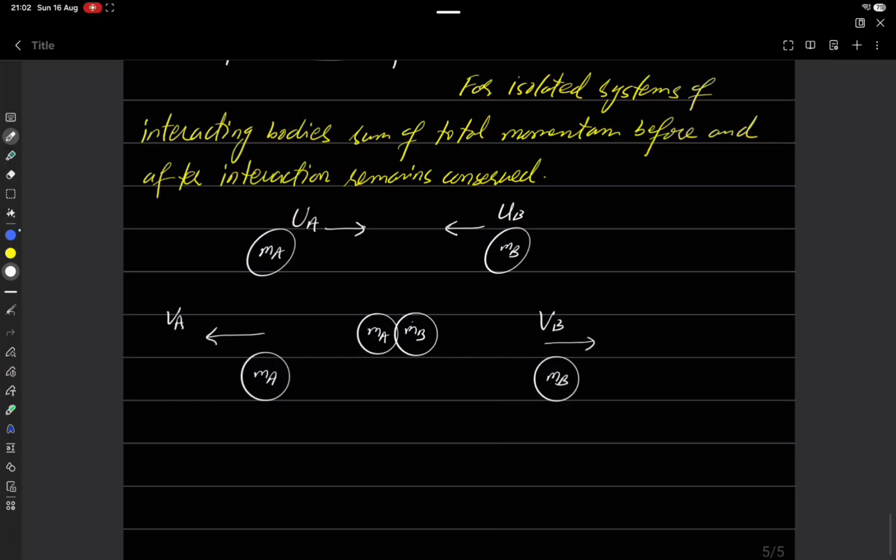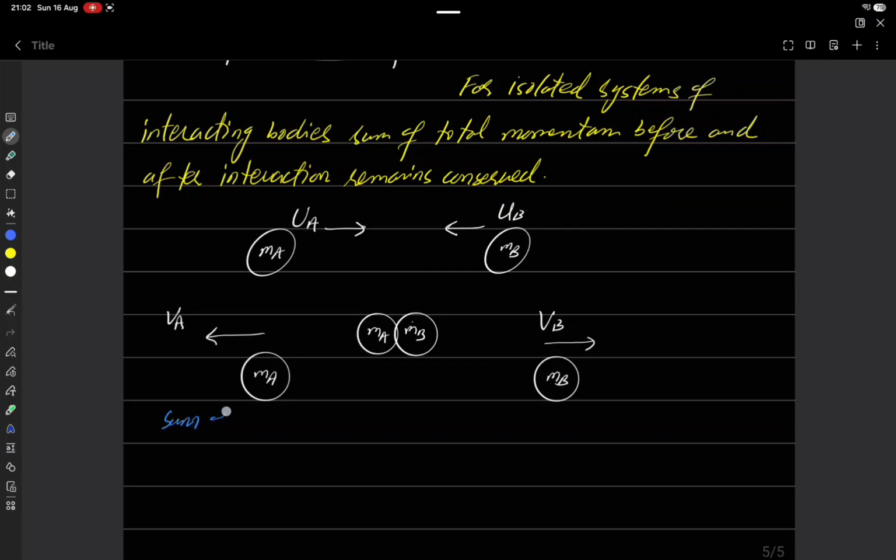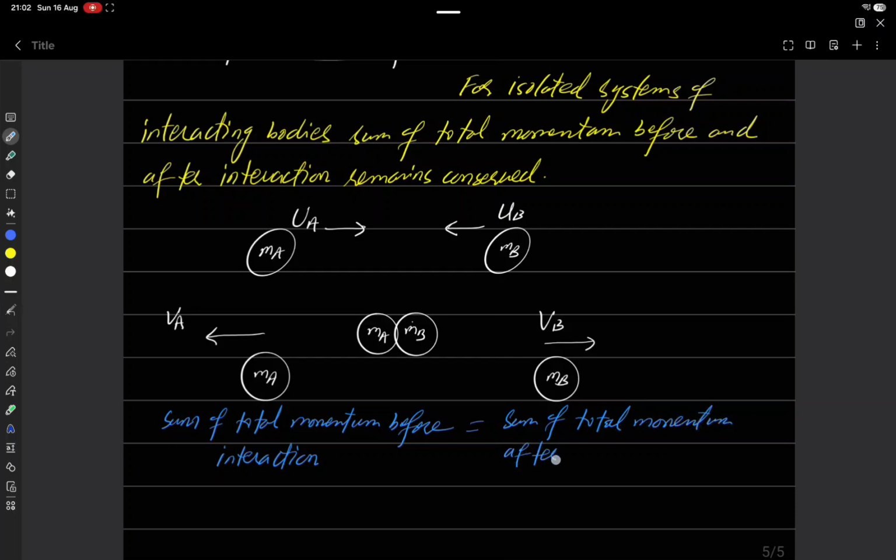So the sum of total momentum before interaction is equal to the sum of total momentum after interaction.